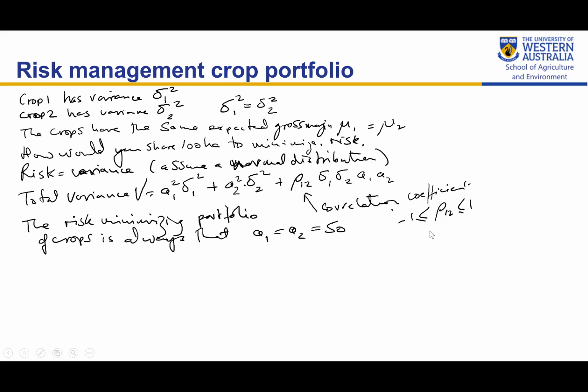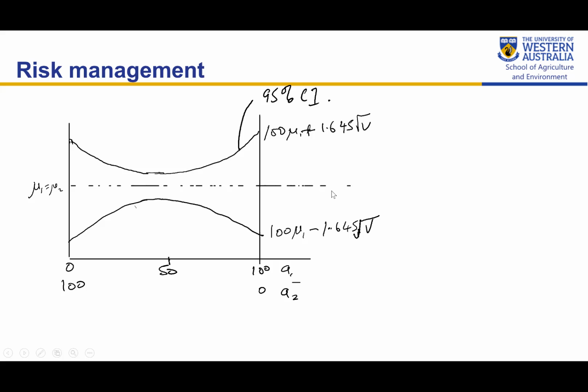It's fairly unlikely that you'd have a negative correlation coefficient. So the yield, because it largely relates in Western Australia, for instance, to rainfall and environmental conditions, then you tend to get the gross margin of crops being positively correlated.